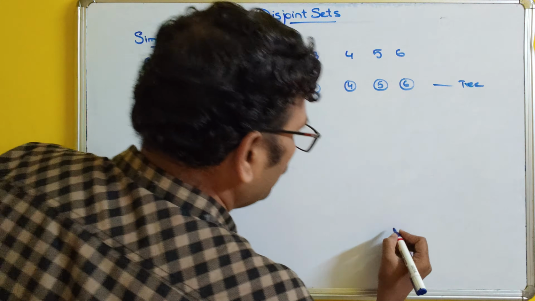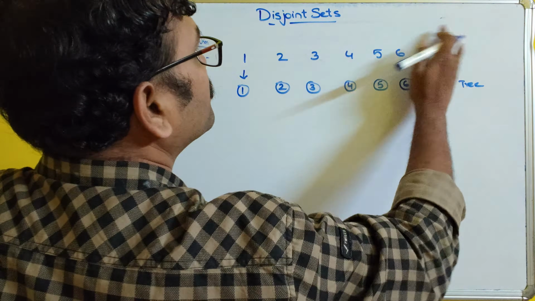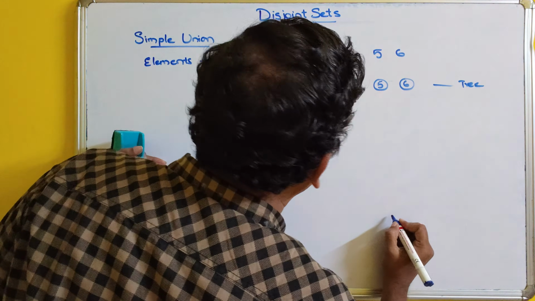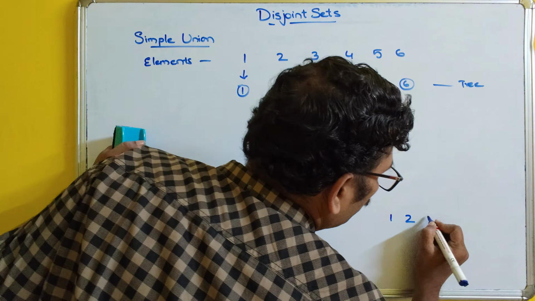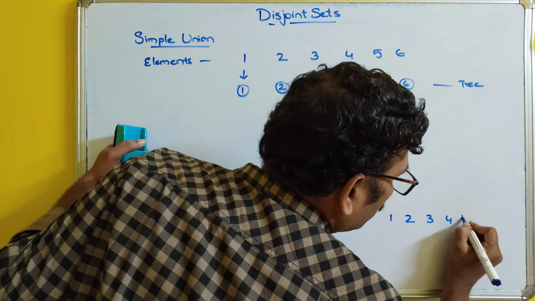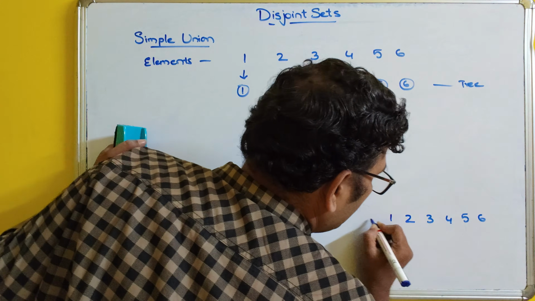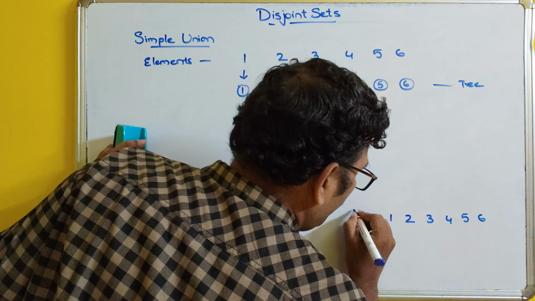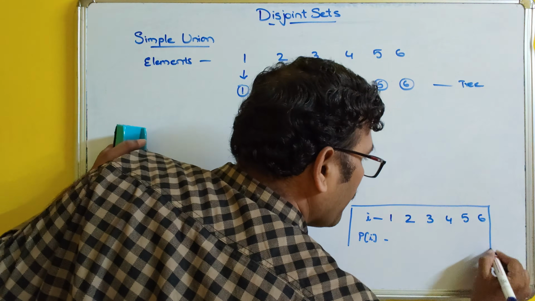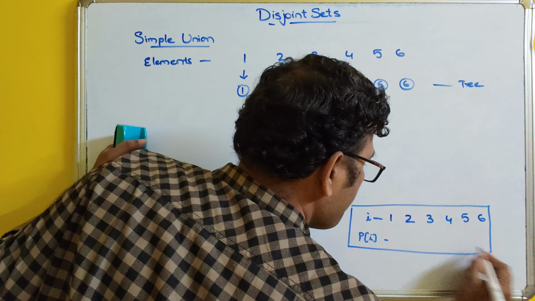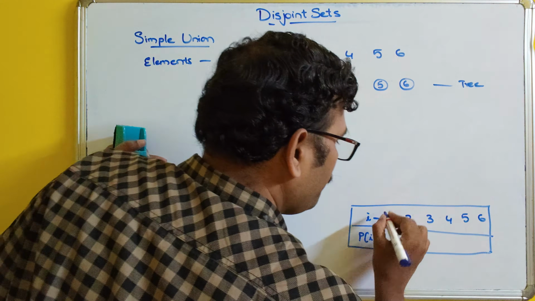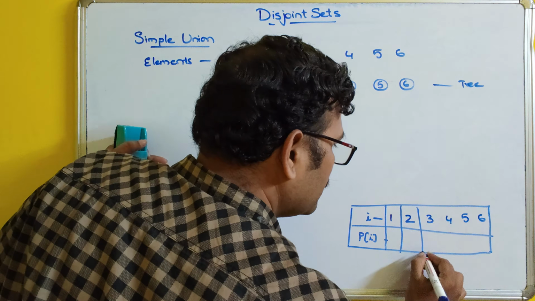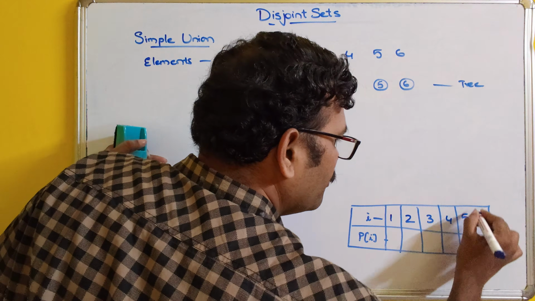So I'll write here: 1, 2, 3, 4, 5, 6. This is the I value, and this is the parent of I value.